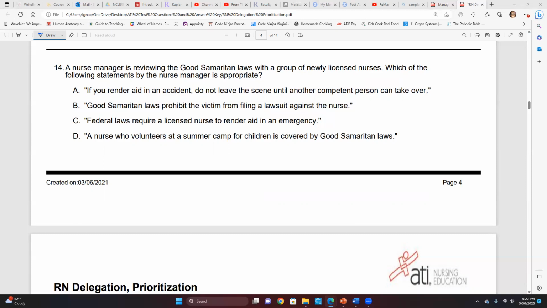If you render aid in an accident, do not leave the scene until another competent person can take over. Good Samaritan will prohibit victims from filing a lawsuit against the nurse. The federal law requires licensed nurses to render aid in an emergency. A nurse who volunteers to work with children is covered by the Good Samaritan law.